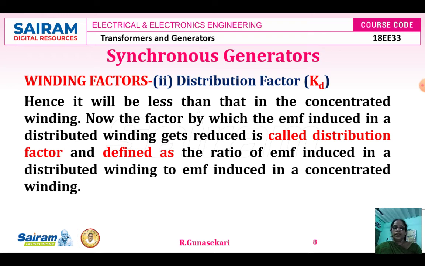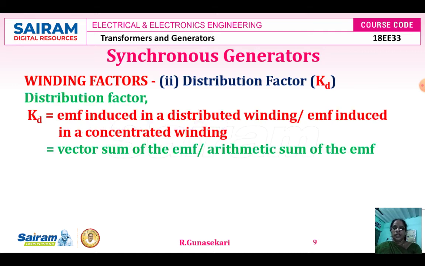It is defined as the ratio of EMF induced in the distributed winding to the EMF induced in the concentrated winding. So as per the definition, KD, the distribution factor, equals EMF induced in the distributed winding divided by EMF induced in the concentrated winding, that means the vector sum of the EMF induced divided by the arithmetic sum of the EMF induced.